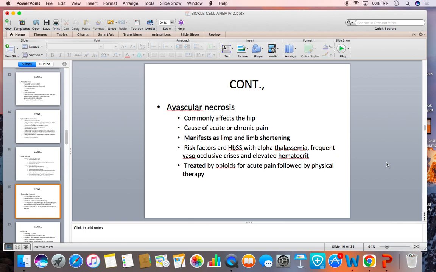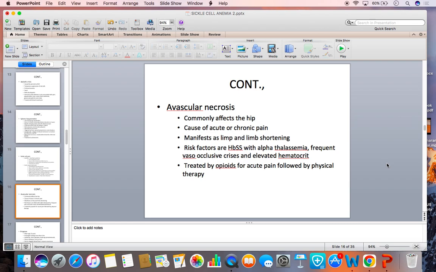Next manifestation is avascular necrosis. It commonly affects the hip, again due to ischemic injury to the tissues due to obstruction to the microcirculation. Cause of acute or chronic pain in the hip region. Manifests as limp and limb shortening.